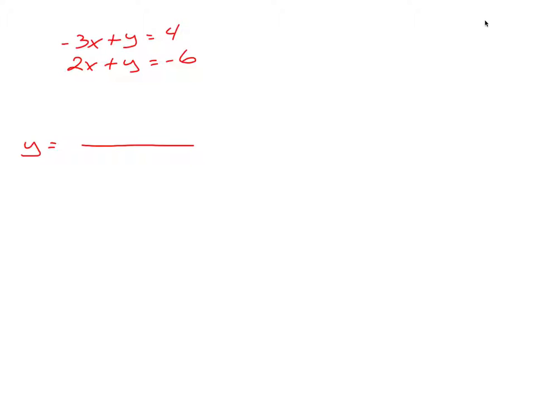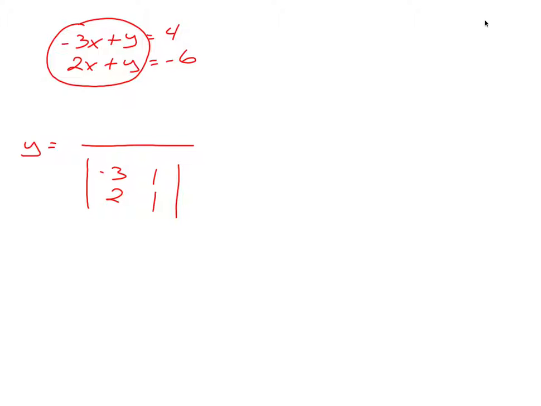On the bottom of this fraction, I want to take the coefficients that are right there and make a matrix of it. So that is negative 3, 1, 2, and 1. Notice I'm just putting vertical lines around it. If you have a matrix that just has vertical lines around it, that means you're looking for the determinant. So that means I'm only interested in the determinant of that matrix.